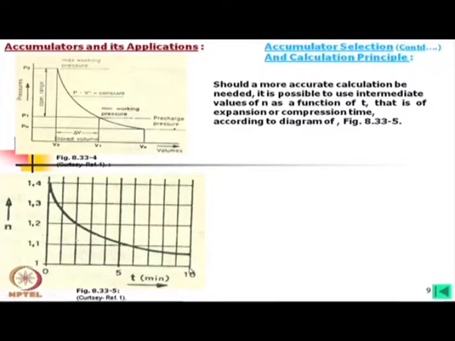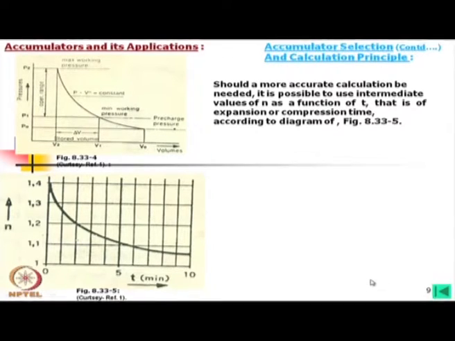And if the time is 0 to 10 minutes, then depending on the time required for that process, we can select that n. Obviously, this curve may be different for different gases used in the system, and only if it is a very quick process do we call it adiabatic and take the value as 1.4.